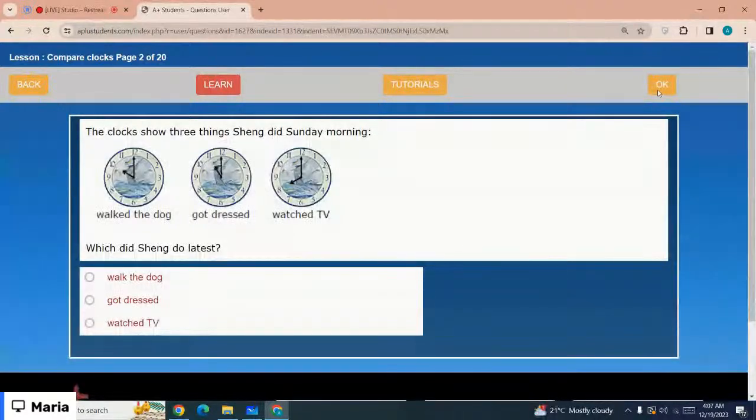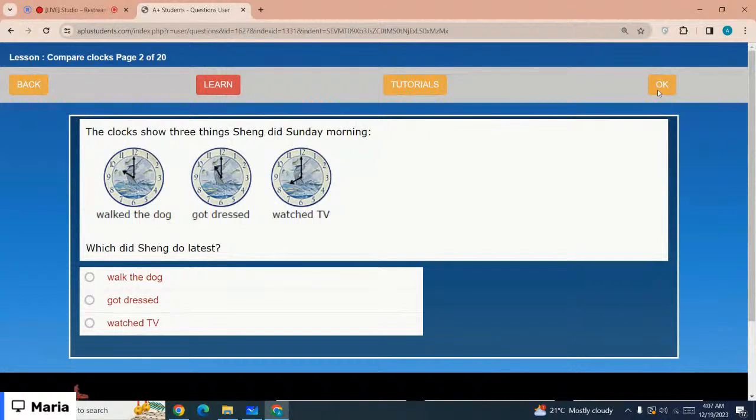The clock shows three things Sheng did Sunday morning. Which did Sheng do latest? Right? You are given three clocks. You need to see what did Sheng do the last, right? The latest. Walk the dog at 10. The first clock shows 10, right?